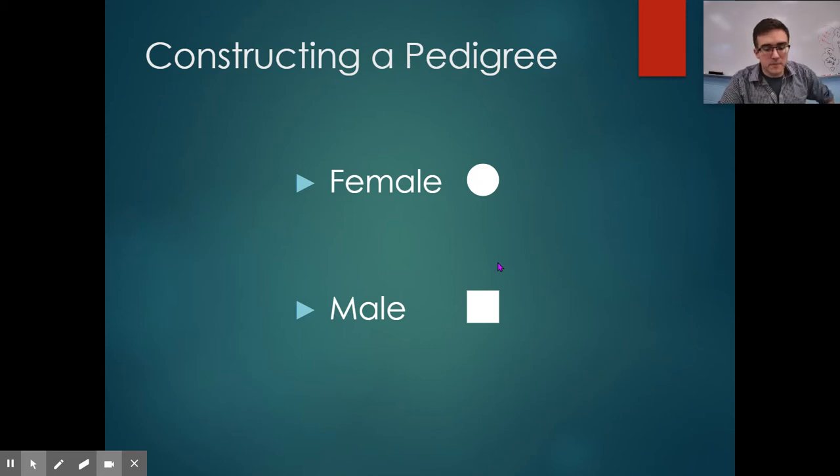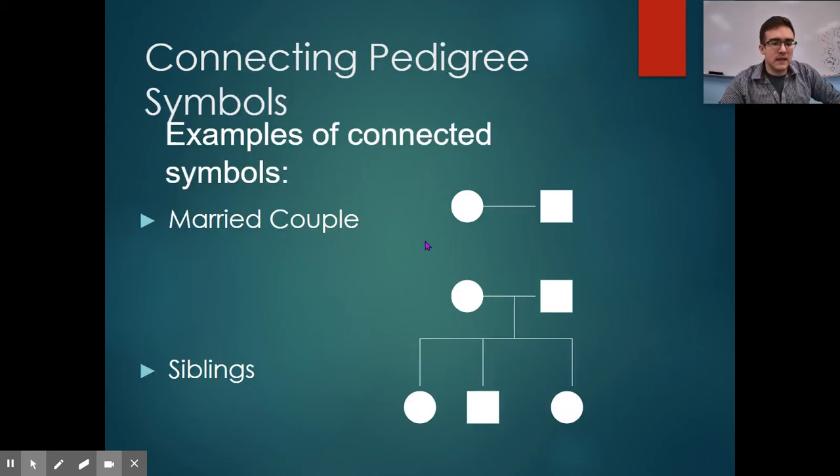So then, if a male and female are married, or if they have kids together, not necessarily marriage, but if they have offspring together, we draw a line connecting them. And then siblings are shown through here.